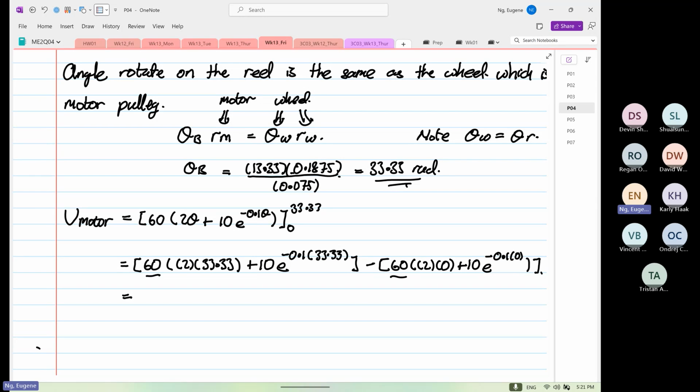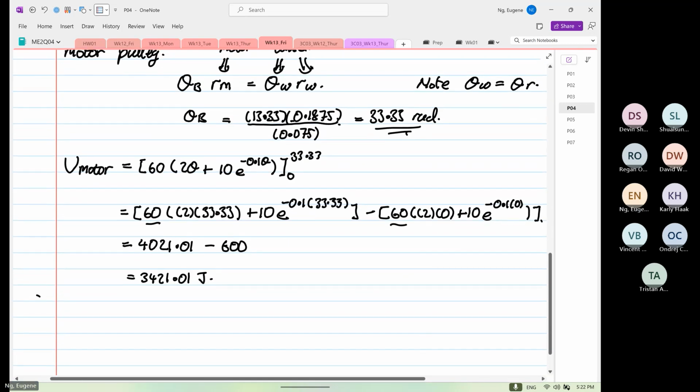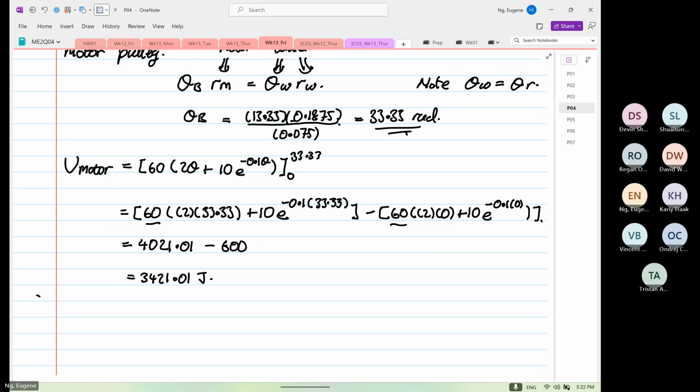So I have 4021.01, and then minus 10 times 60, which is equal to 600. And this is equal to 4021.01 minus 600, which gives 3421.01 joules. Okay.